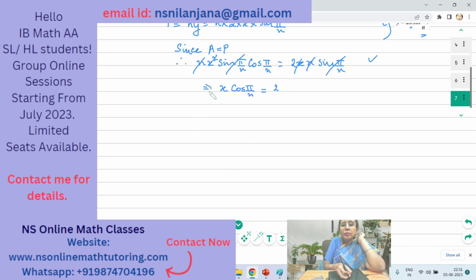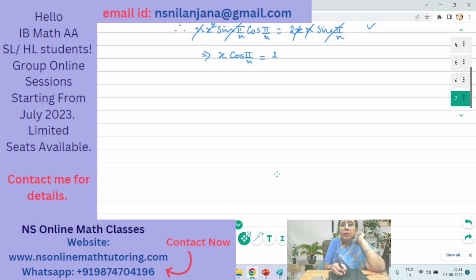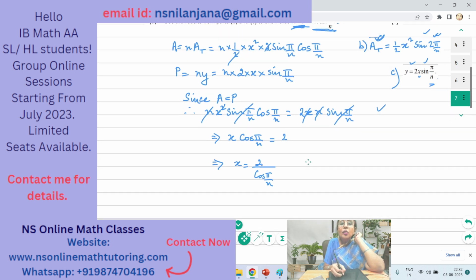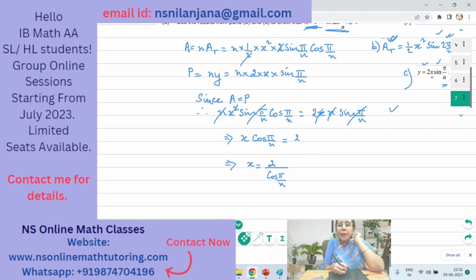So x is equal to 2 divided by cos pi by n. Now you can substitute this x value in any of these two.